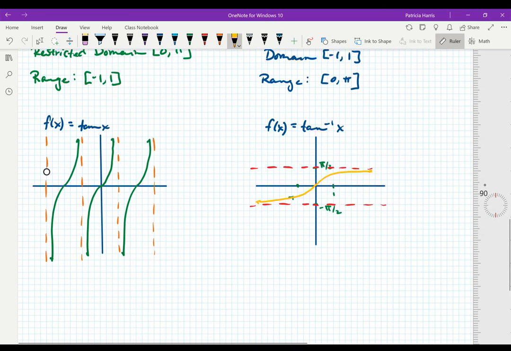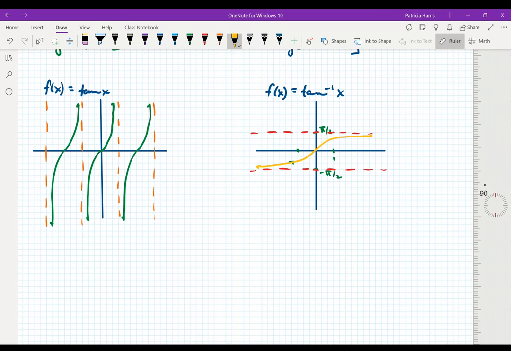All right, so let's talk about our restricted domains with this one. Your restricted domain for tangent is going to be -pi/2 to pi/2.